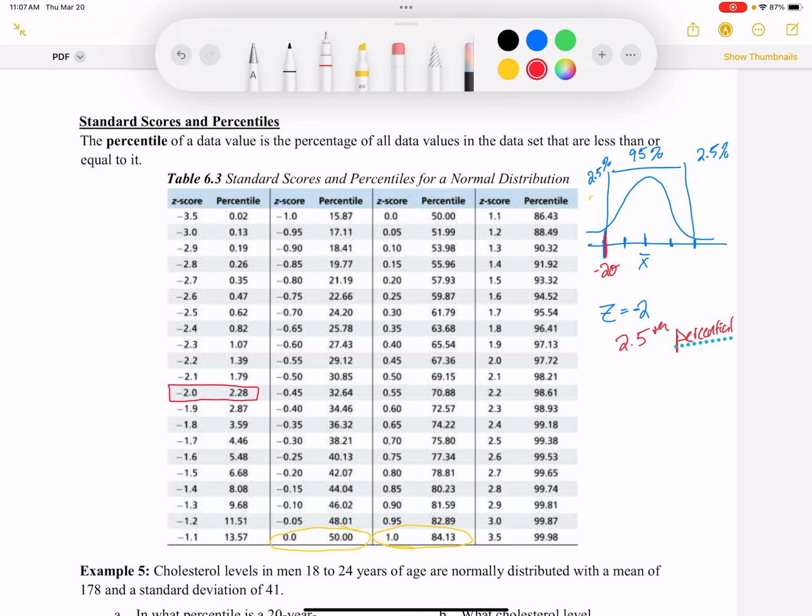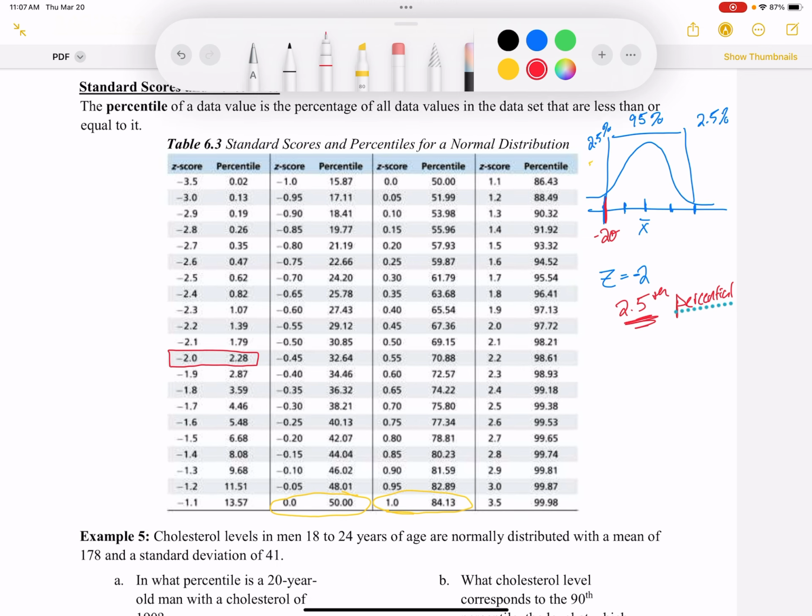Maybe it's not exactly that. I don't know, they approximated it as 95. So it's not perfect. The z-score gives you the exact, but the empirical rule is not perfect. But we see it's about that, right? So hopefully you get where I'm coming from.